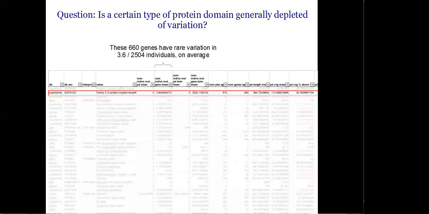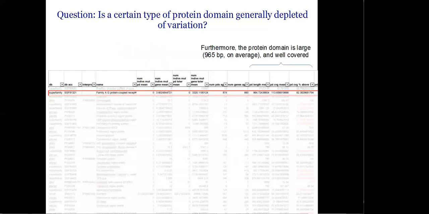And yet, the variant is never in the protein domain. The variant never falls into this family A G protein coupled receptor. And that's this fifth column showing 0. And this isn't a small protein domain either. The protein domain is almost 1,000 base pairs in length on average in these 660 different genes.